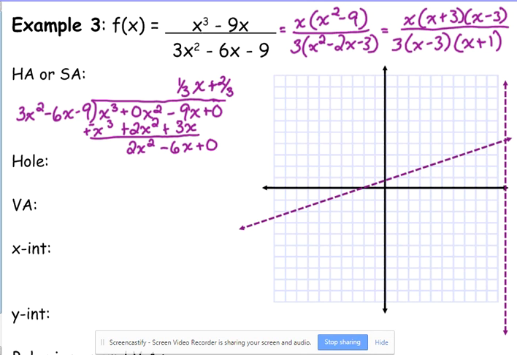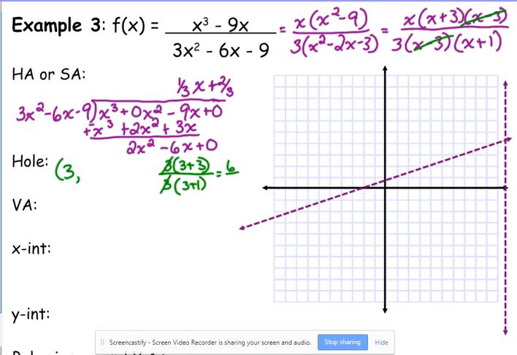Okay, do we have a hole? Yes. Where is it at? Positive 3. Okay, let's figure out the y part. So we've got 3 times 3 plus 3 over 3 times 3 plus 1. Guess what? I can cancel those 3's.